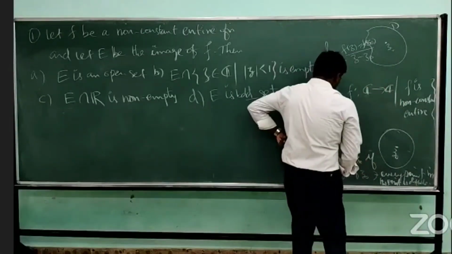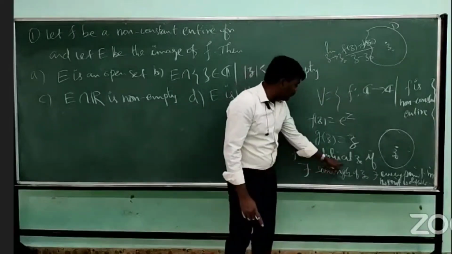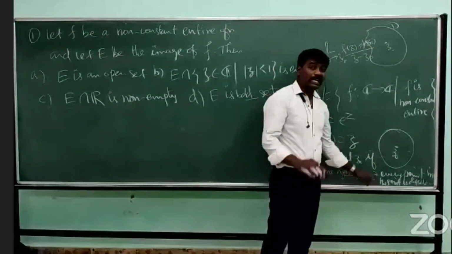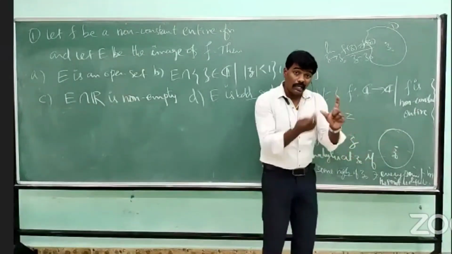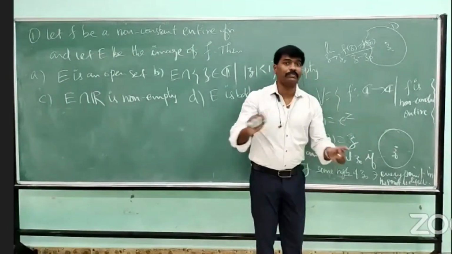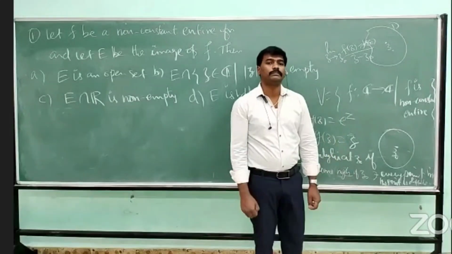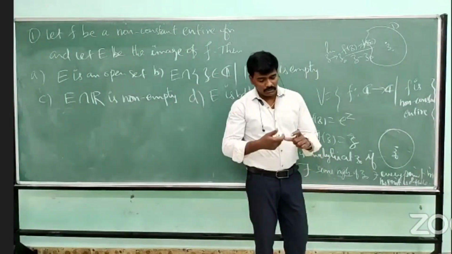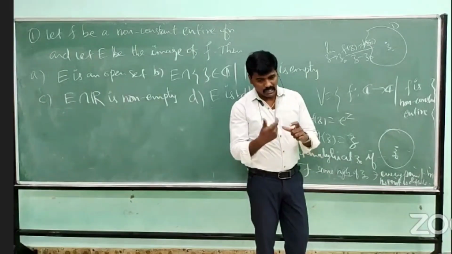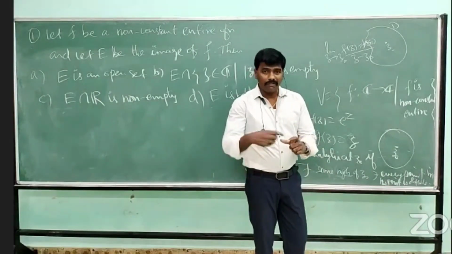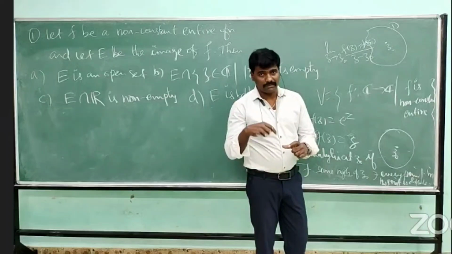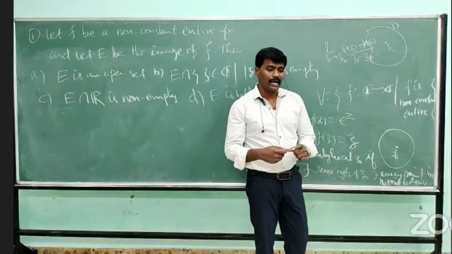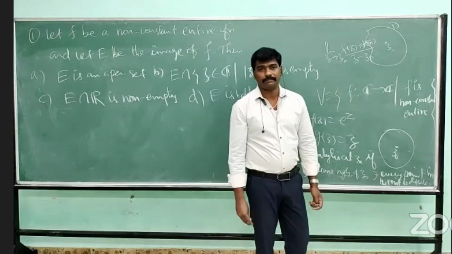In the sense, we have to say F is analytic at Z0 if there is some neighborhood of Z0 where at every point F is differentiable. At least one neighborhood around that Z0 you should be able to find, and every point in it is differentiable. Then F is called analytic at that point.